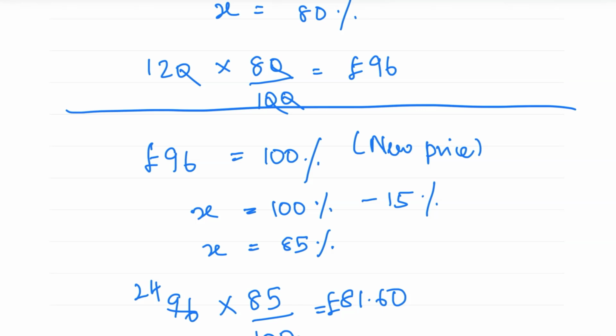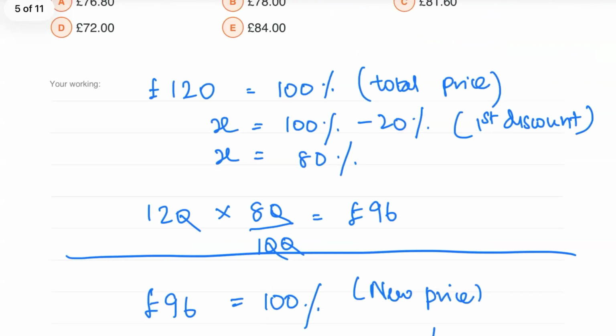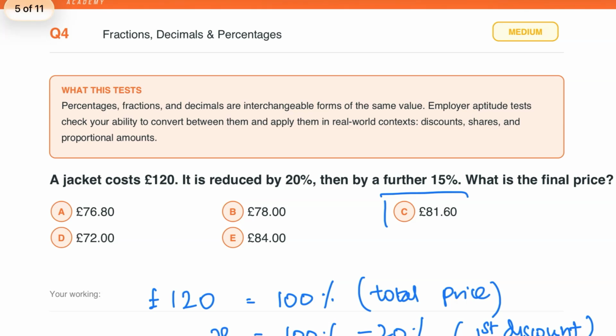Then if I divide this by 5, I'll have 5 here, 1 here, 7 here. Then 24 times 3.4 will give us 81.60, or we can say 81 pounds will be the closest answer.